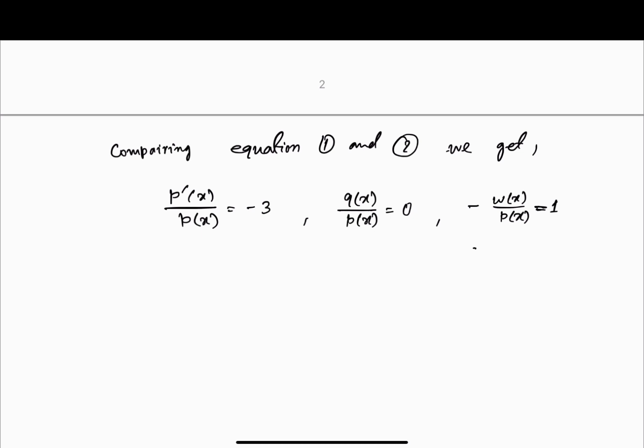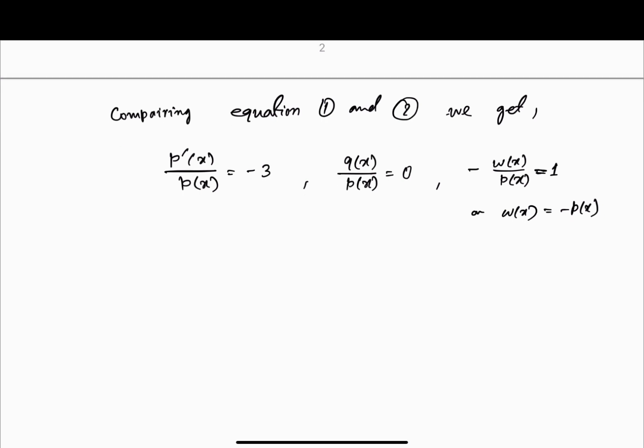From this one we can say that w(x) equals minus p(x), and from here you will also get q(x) equals 0. And if you solve the first one, what you will get is minus p'/p equals minus 3.